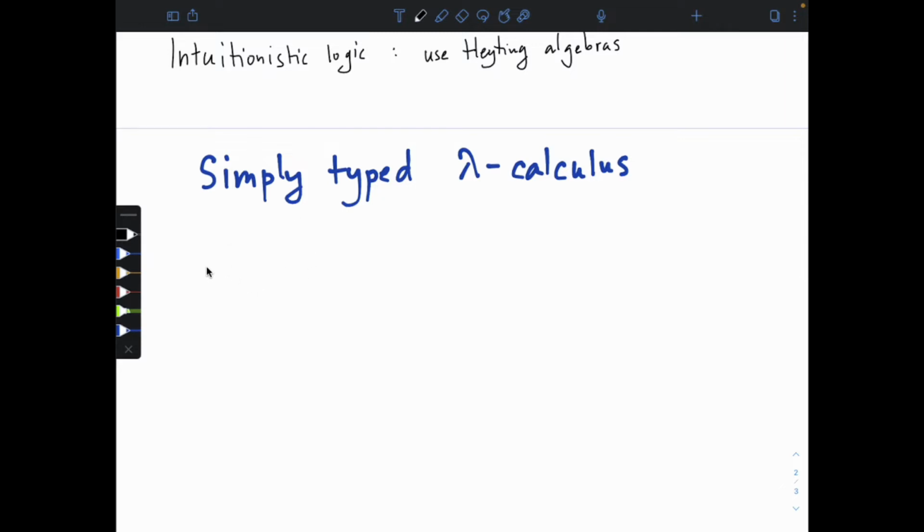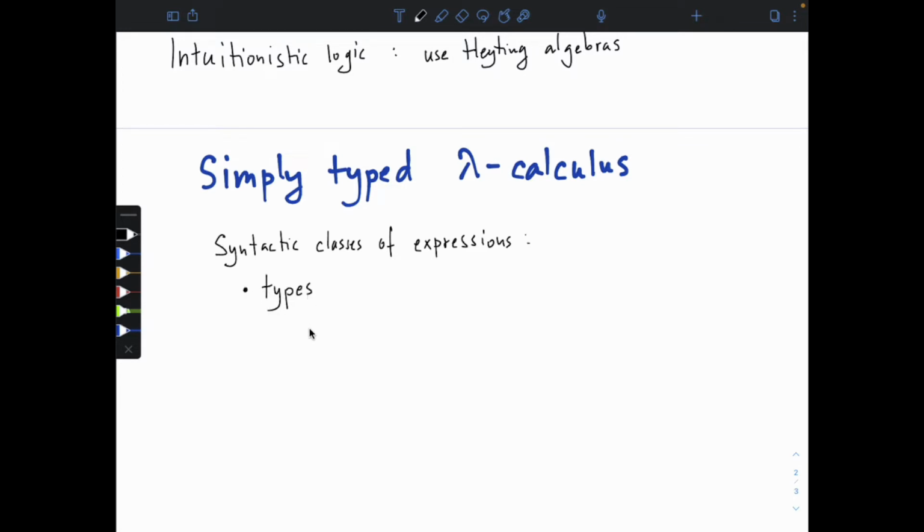So there will be several entities. These are also sometimes called syntactic classes of expressions. Two of them. There are expressions that are called types.